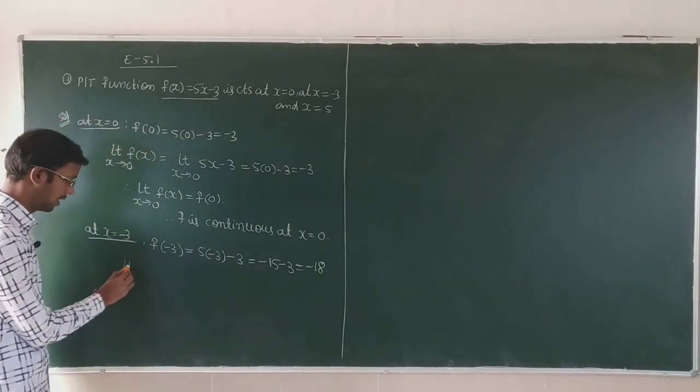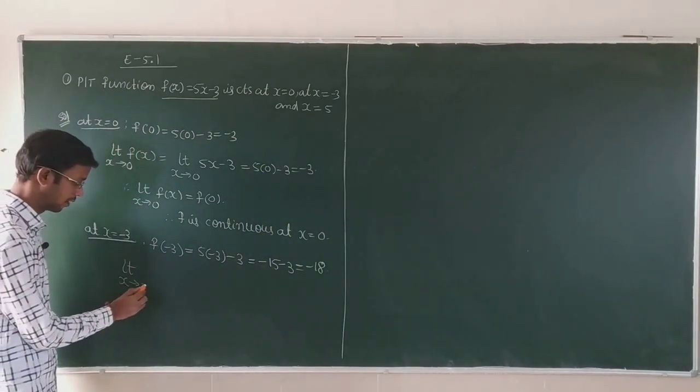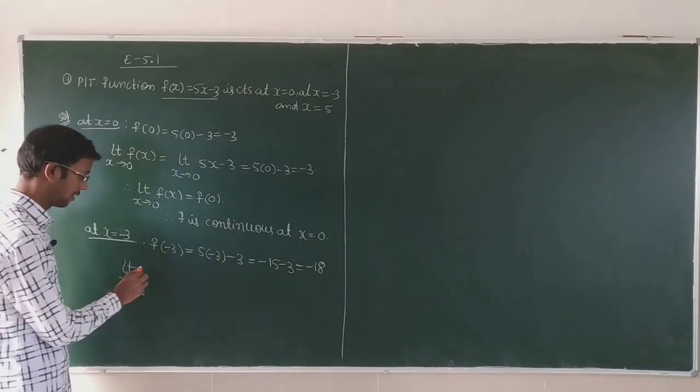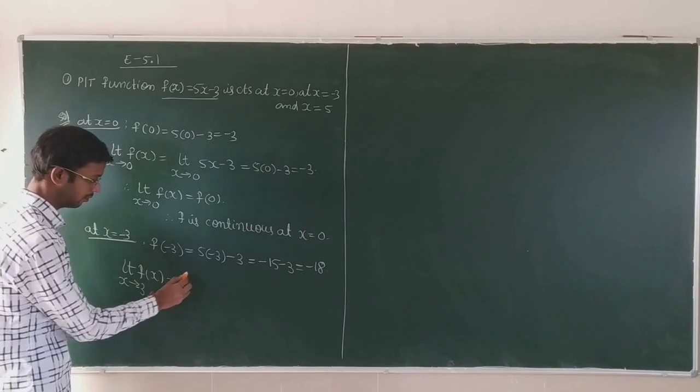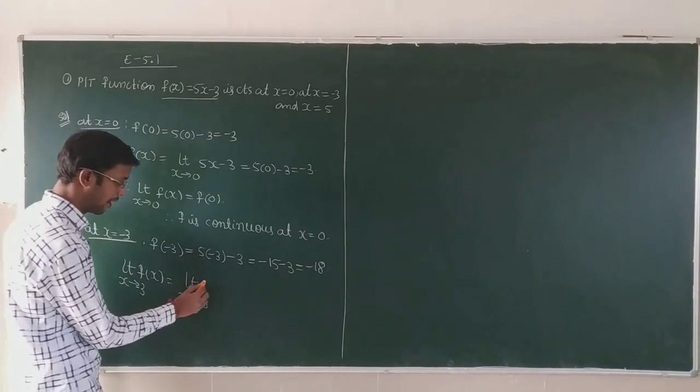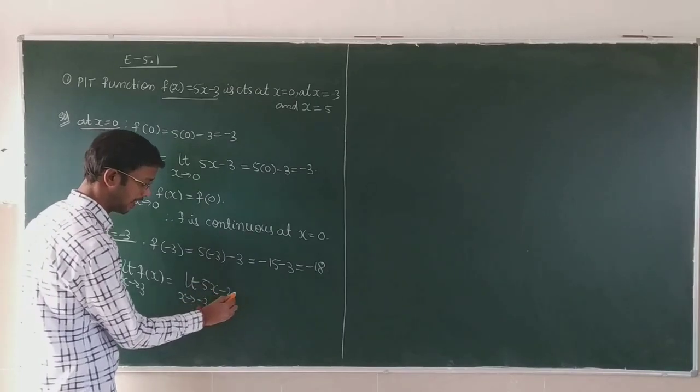Next, the limit at minus 3: limit x tends to minus 3 of f of x, which is 5x minus 3.